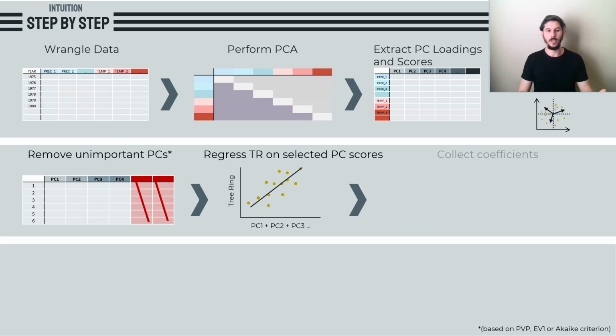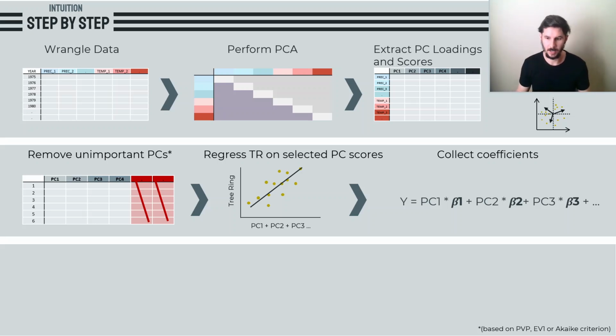So when you do this, you're actually increasing your chances of extracting a signal, a climate signal. Then, when you do this regression, you're going to get a coefficient for each principal component, right? So principal components do not mean anything for us, right? Sometimes you can find a structure that makes sense, but you cannot say, increase principal component 1 by X, and then your tree will grow better, right? So that doesn't make sense.